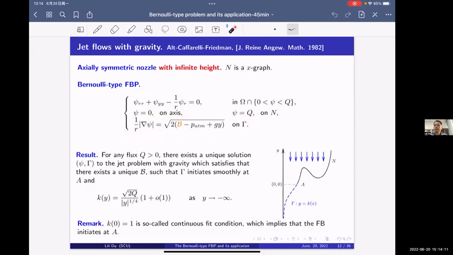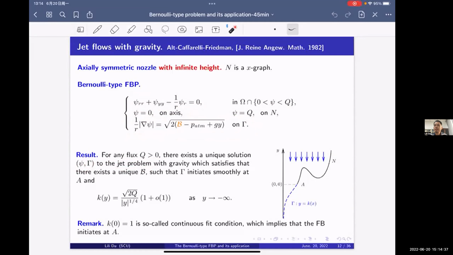The result by Alt, Caffarelli, and Friedman is as follows. For any given mass flux Q in the inlet in the upstream, there is a unique solution psi and gamma. Psi is the stream function, gamma is the free boundary to the jet flow problem with gravity.